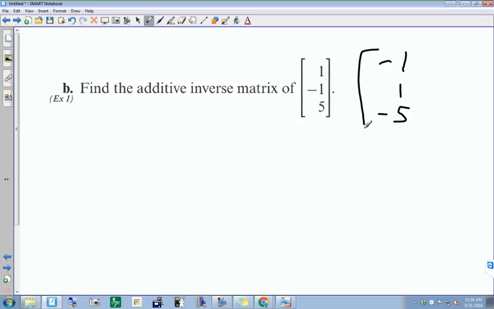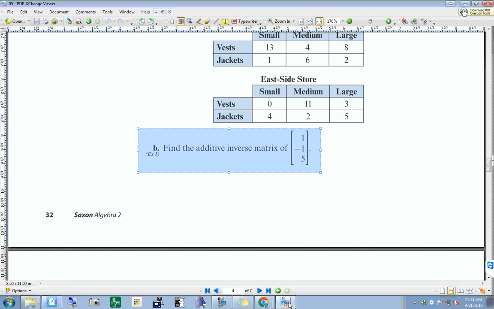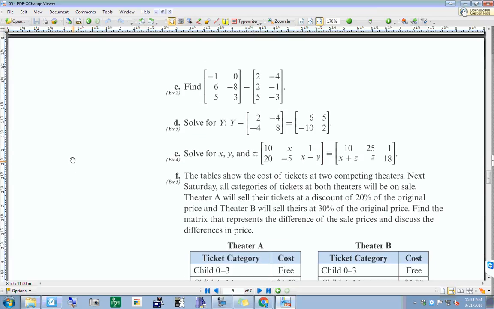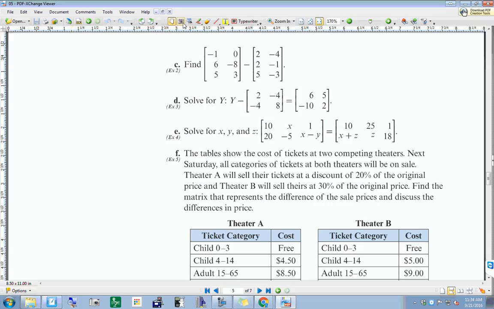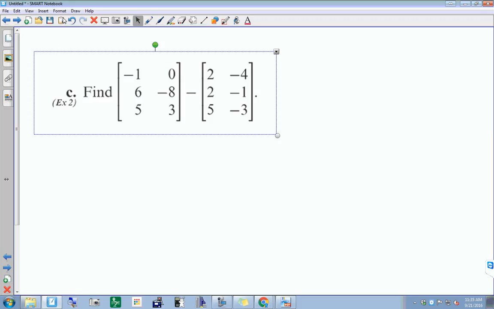And then we've got to make sure that we have the brackets around it. There we go, that's it. Okay, let's try. All right, I'll give you 90 seconds on this one.